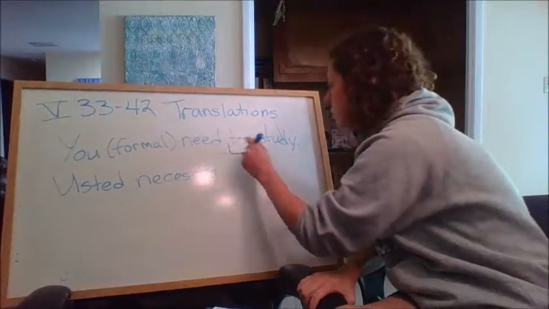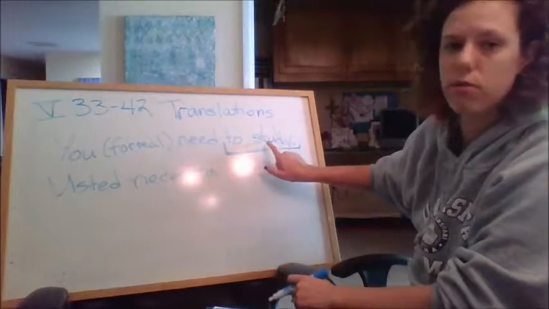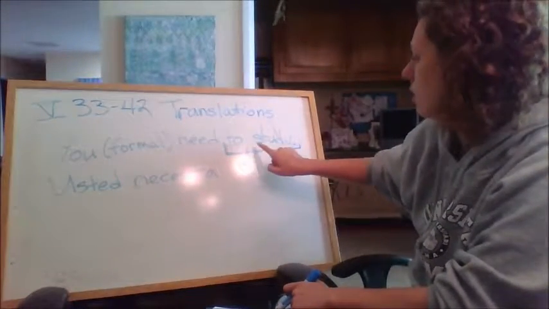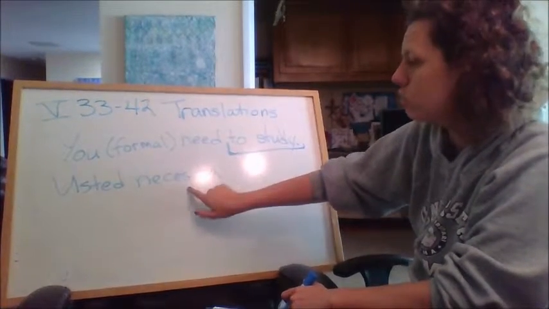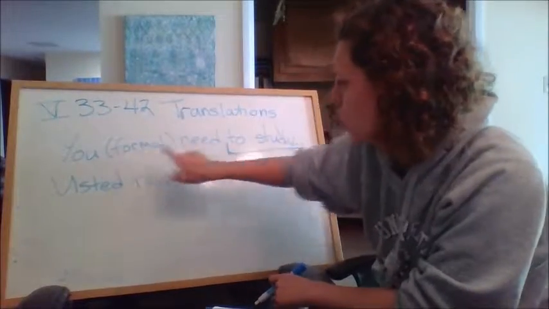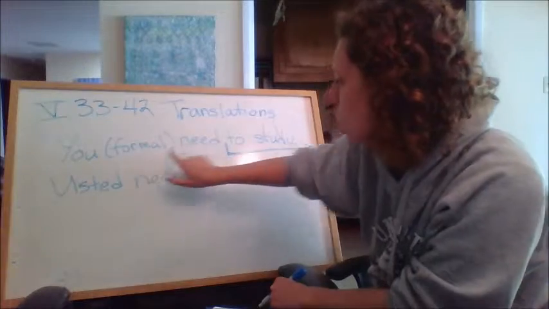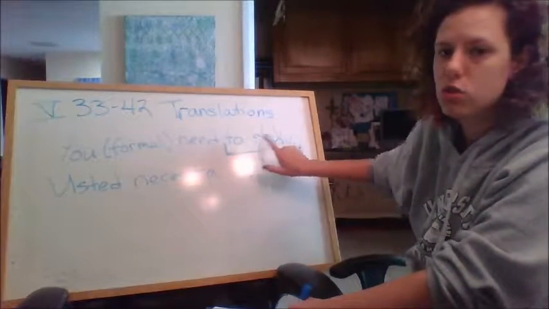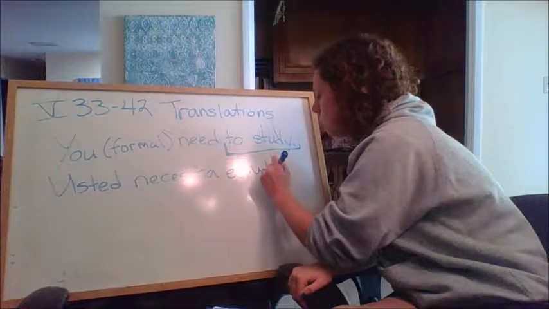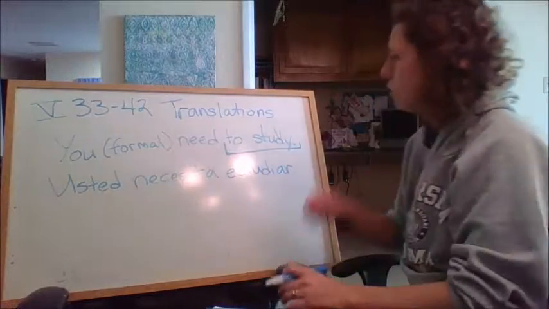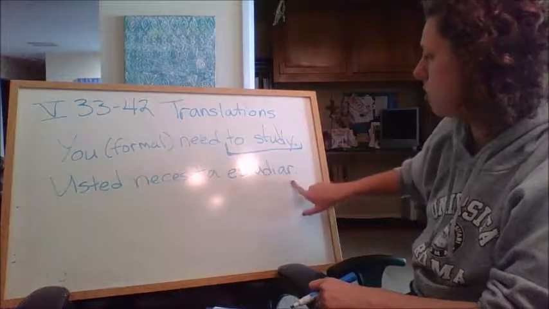Now, this right here is what we call an infinitive: to plus verb. So this first verb is conjugated because it's you need. Then we want an infinitive, to study. That means we leave it as estudiar. My verb for to study is estudiar.